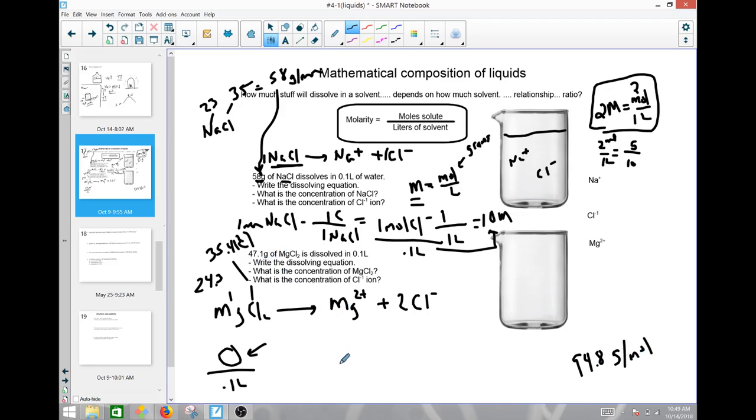We'll do 47.1 grams, dot line, get rid of grams, go to moles. 1 mole weighs 94.8.